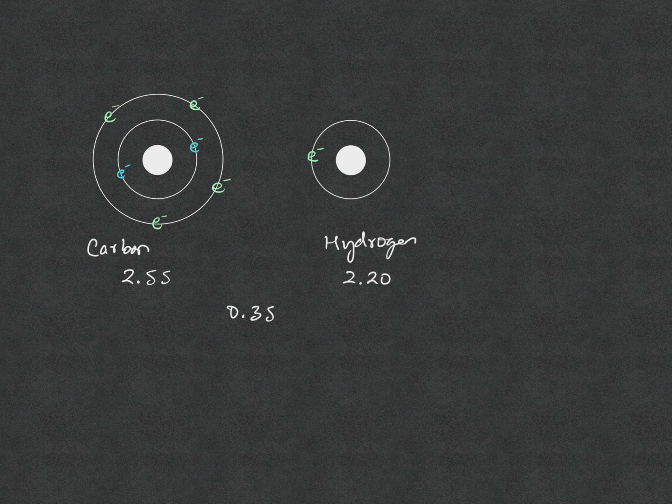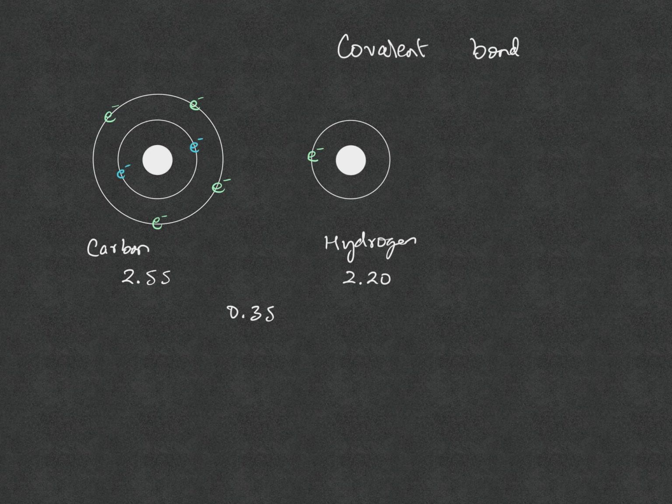It means that when it comes to pulling electrons towards itself, carbon and hydrogen are pretty even. One is not vastly more powerful than the other. So when they share electrons, that sharing is going to be pretty even. And that's how we know that this is going to be a type of covalent bond.